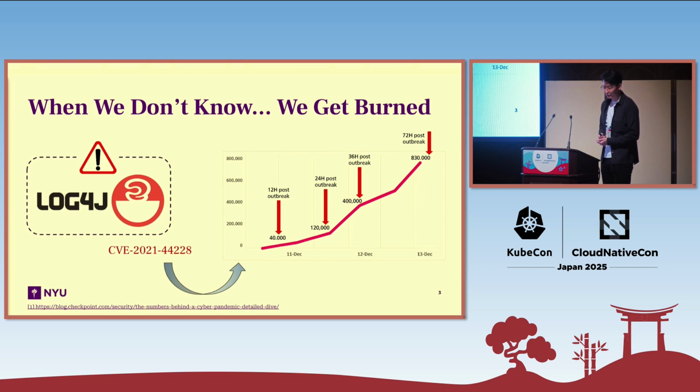And within 72 hours, attackers had launched over 830,000 exploit attempts. That's nearly 1 million attacks in just 3 days. This is what it looks like when visibility fails. When you don't know what's in your software, you can't protect it, you can't respond, and the result is not just a theoretical risk, it's very real damage.